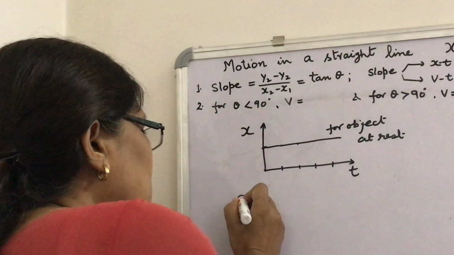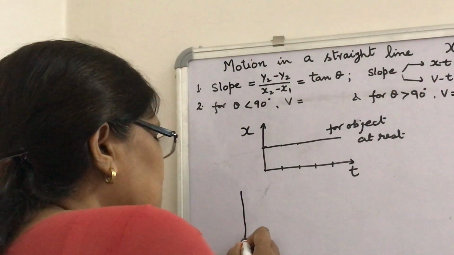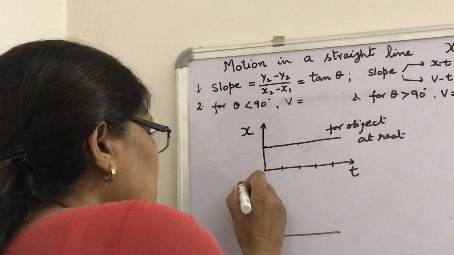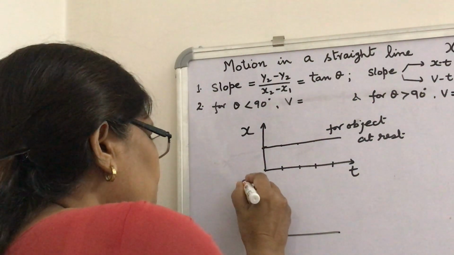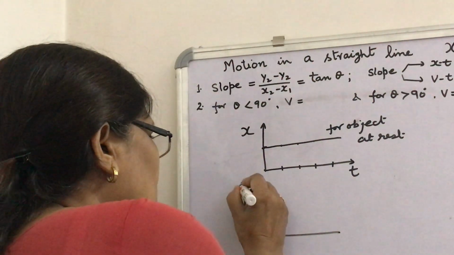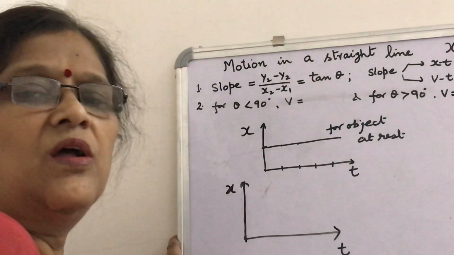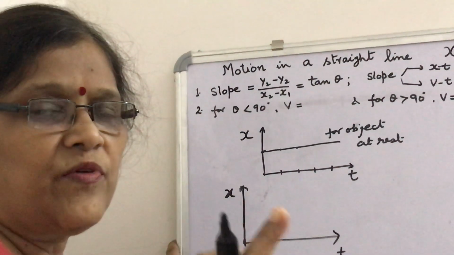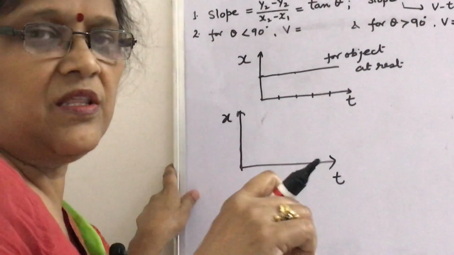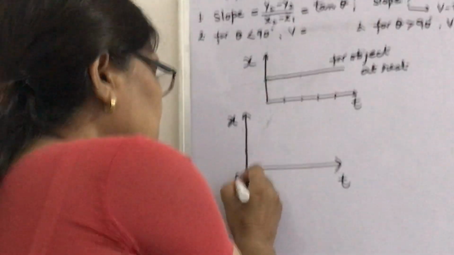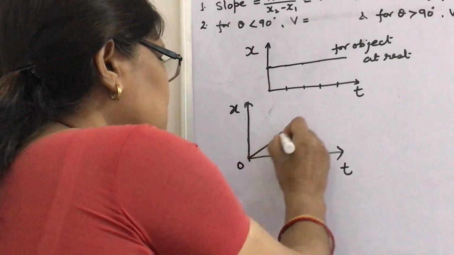Next, suppose the object is moving uniformly, in uniform motion. Again we will take x on this axis and time on the other. If the motion starts from rest, then you will begin the graph here like this.